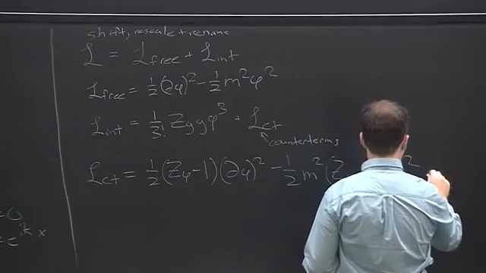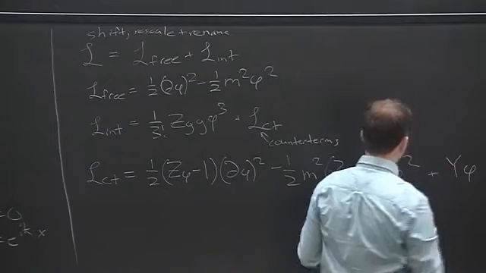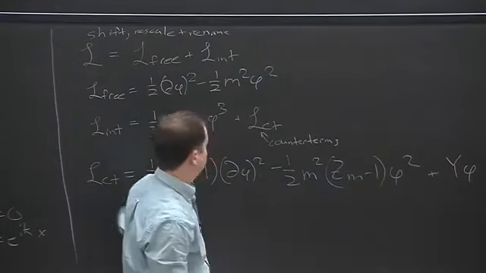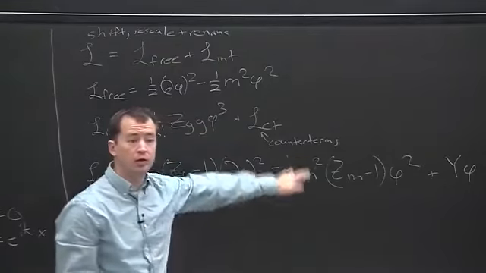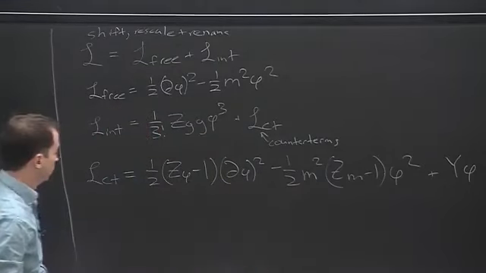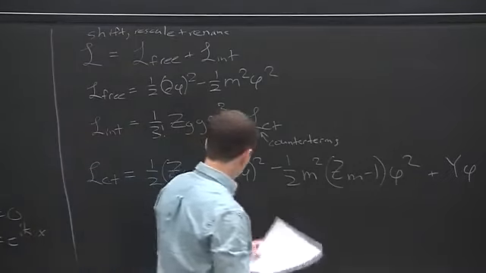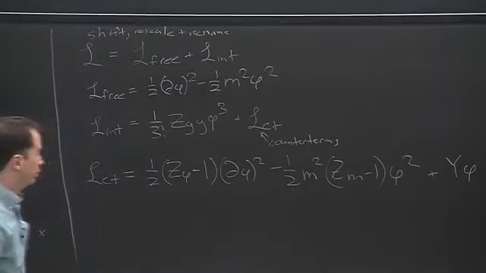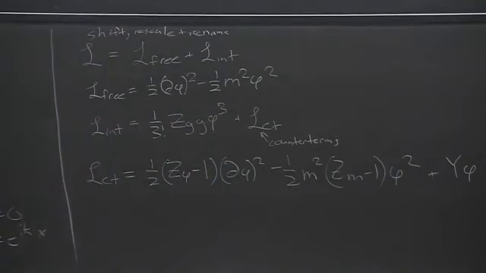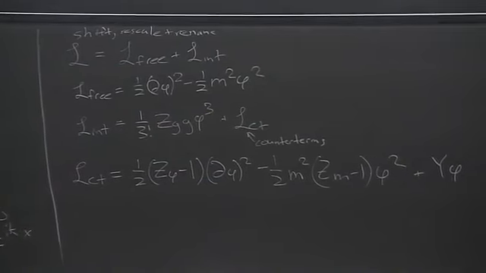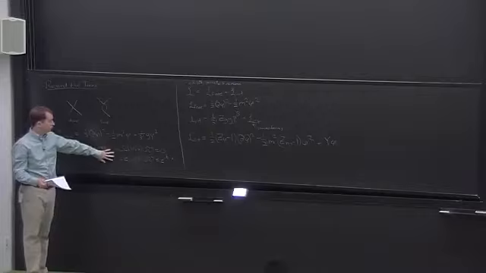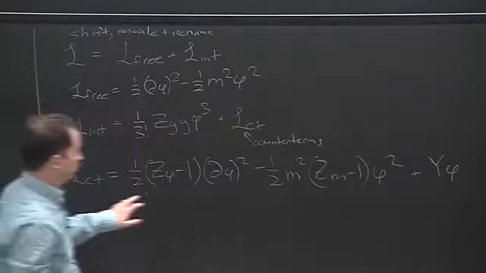And then we are also forced to add a linear term. And so the goal of today's lecture is to try to understand what these conditions tell us about these coefficients.